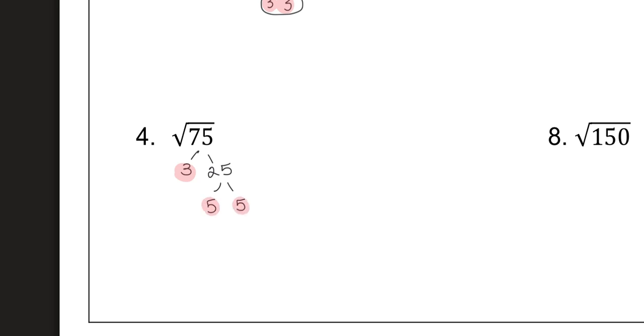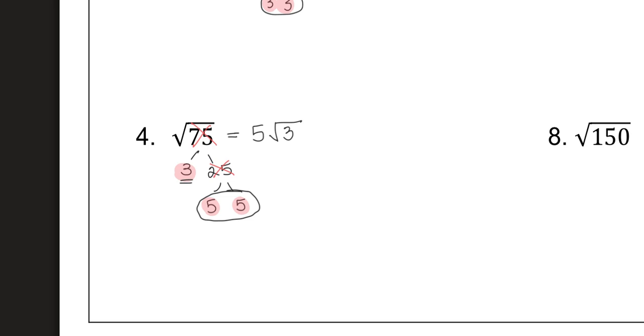So we have all of our prime numbers at the end. So now again, we're looking for pairs of numbers. The only pair of numbers I have is 5. So that means I have a 5 outside the square root. And I have a 3. This 3 does not have a pair. So that means it has to stay inside that square root by itself. Okay, remember we are not using any of the numbers inside.